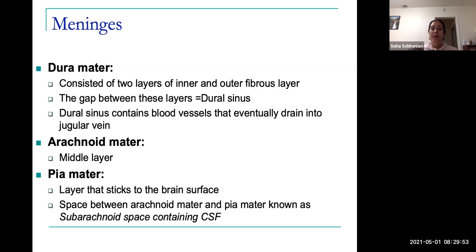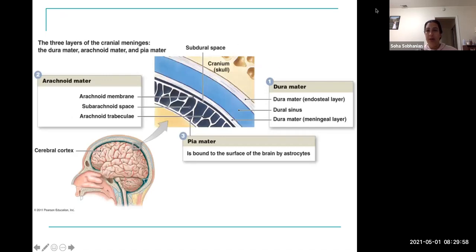Dural matter is the closest one to your skull, and I want to show you the picture here. It's right here next to your skull. It's a double membrane. You have this membrane and this one. They're both dural matter, the white layer, and you have a gap between them, which is what you see in blue. It's called dural sinus.